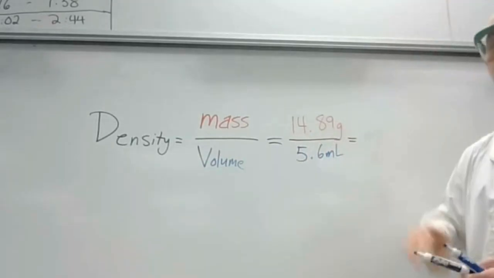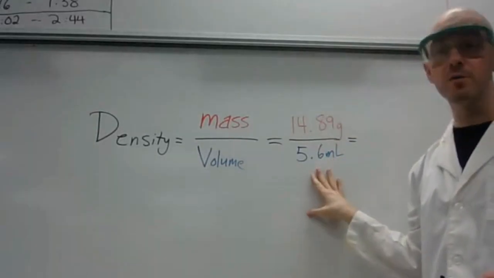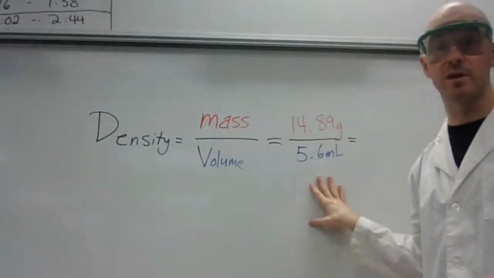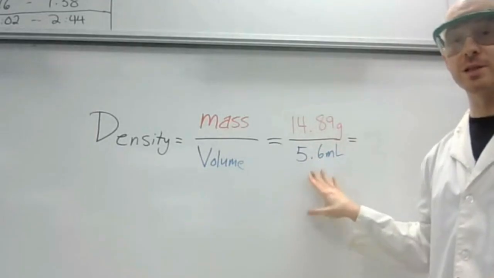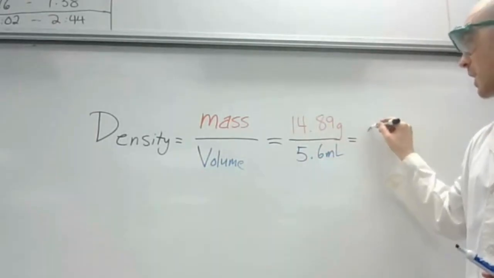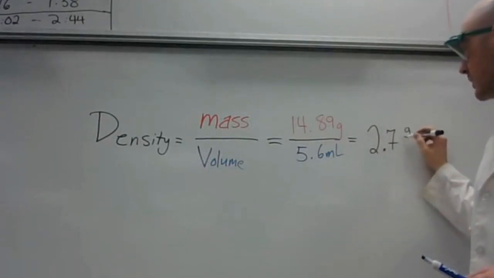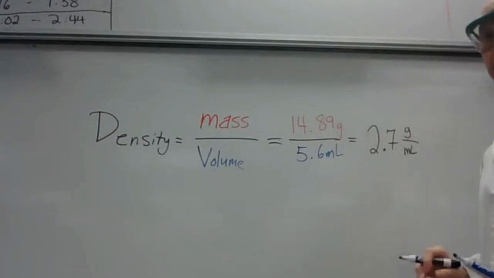However, be careful. We know that our mass has 4 significant figures, whereas our volume measurement only has 2 significant figures. So our final answer will be limited to 2 significant figures. When I perform this operation, I'll find that the density of my substance is 2.7 grams per milliliter.